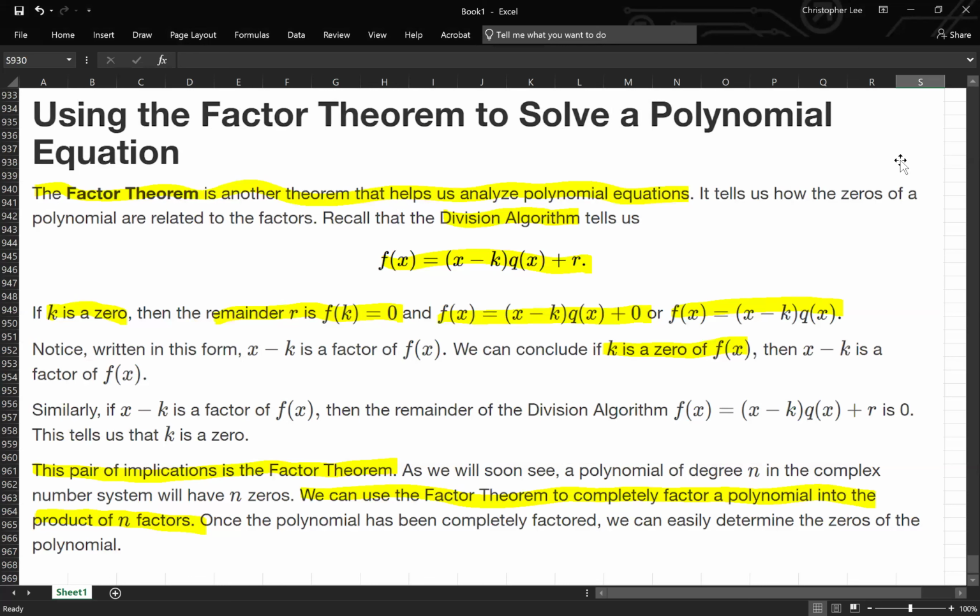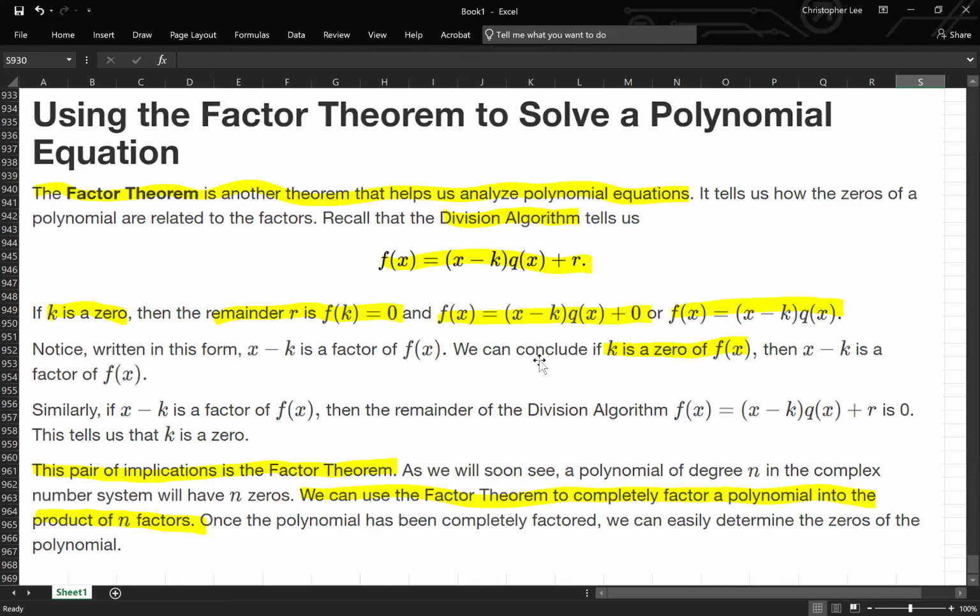So recall the division algorithm that we did earlier. f(x) = (x - k)q(x) + r. If k is a zero, then the remainder r = f(k) = 0. And if f(x) = (x - k)q(x) + 0, or f(x) = (x - k)q(x), notice, written in this form, x - k is a factor of f(x).